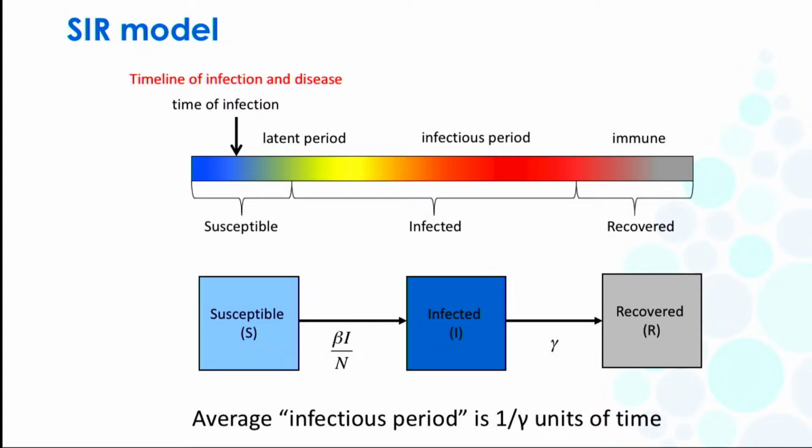In the same way as we did before, we can say the average infectious period is 1 over gamma units of time, just the same as with the SIS equation. But the difference is we've now got this compartment for recovered people. So we've got 3 compartments, so we've got 3 coupled differential equations now.